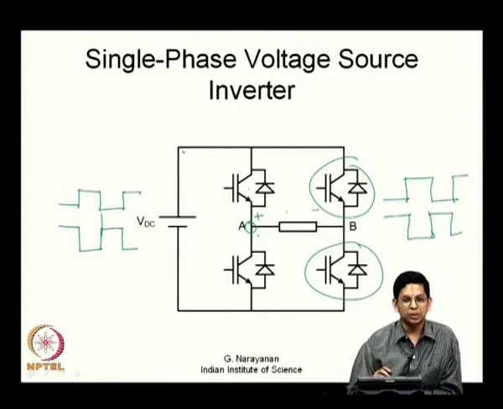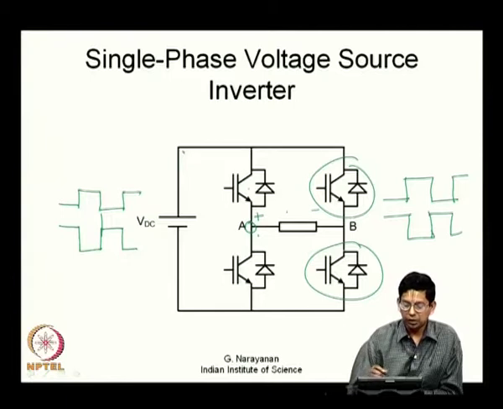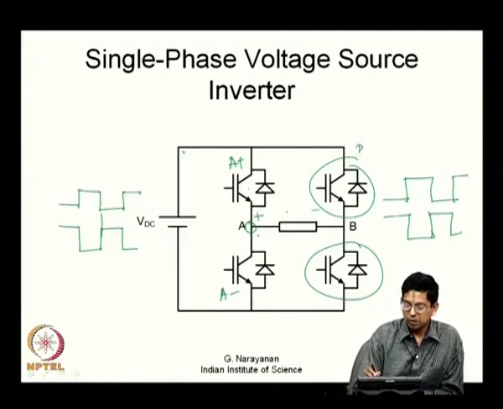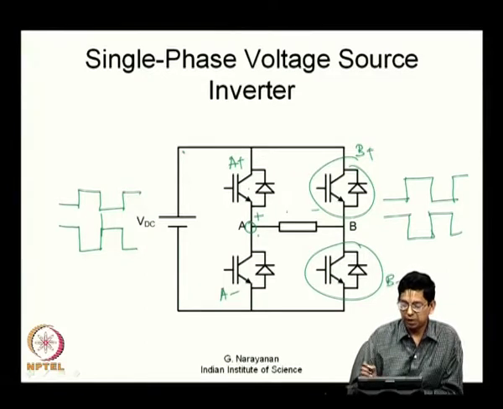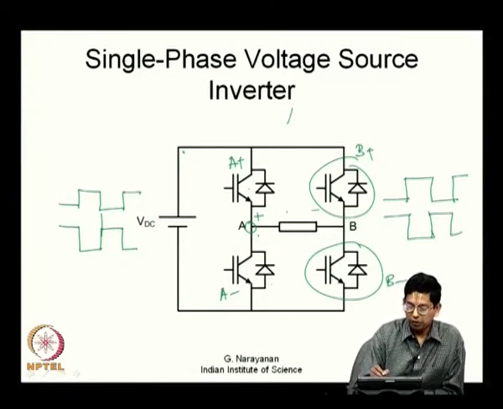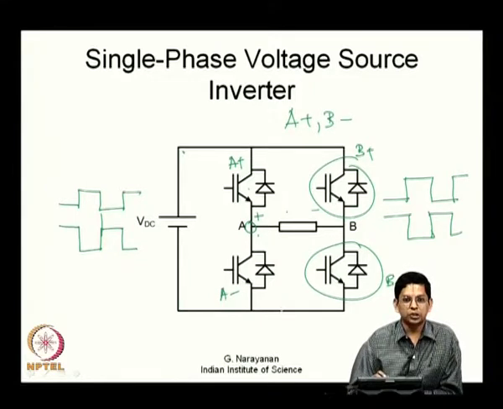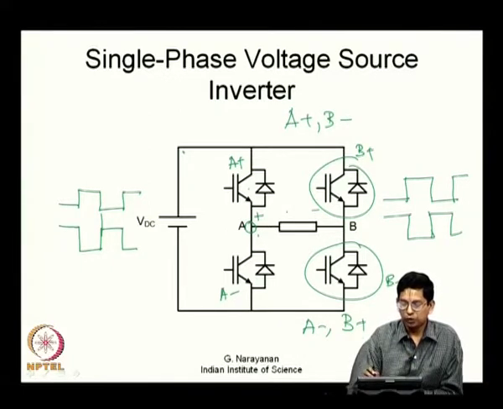So, you will switch them like this, and let us call the top A plus, and this A minus, this B plus, and this B minus. Whenever you have A plus and B minus on, you have a particular potential, that is VDC, and whenever A minus and B plus are on, the output potential is equal to minus VDC.